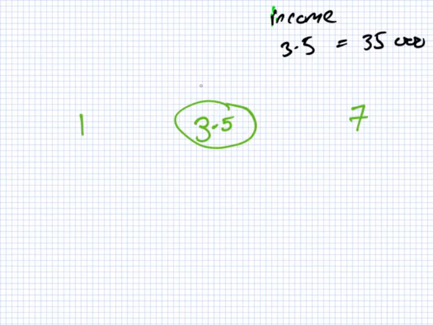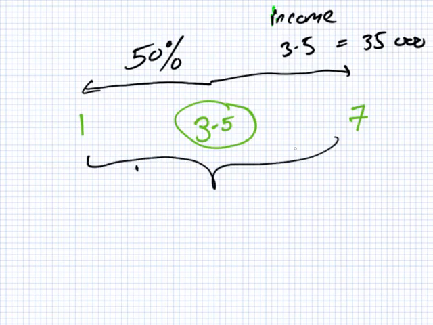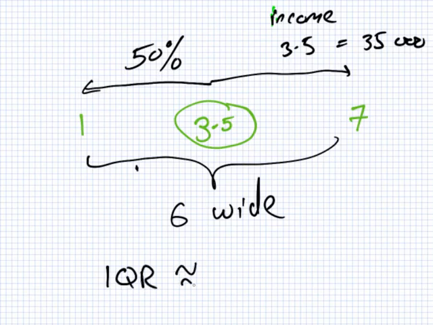What you're saying is that 50% of the data is within a space that's 6 wide. It's like saying that half the people can fit within a space that's only 6 units wide. So in fact, the interquartile range is a lot like the standard deviation. It won't be exactly the same thing, but it's a similar idea.